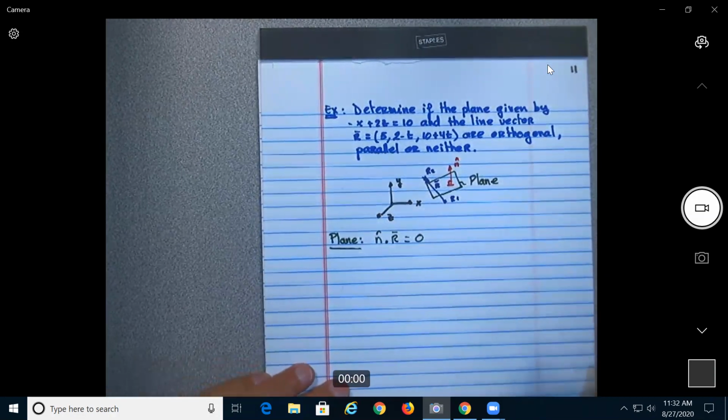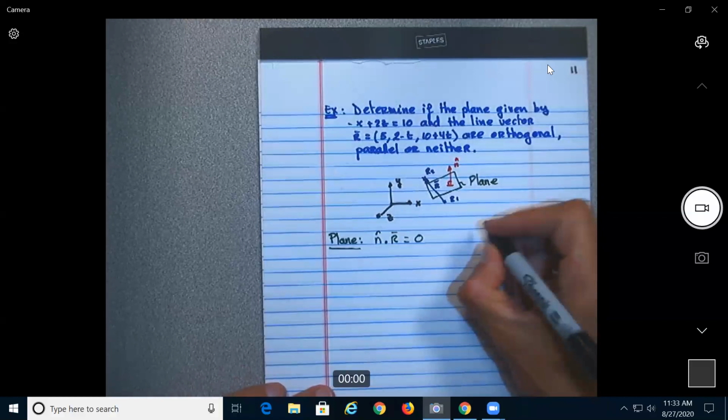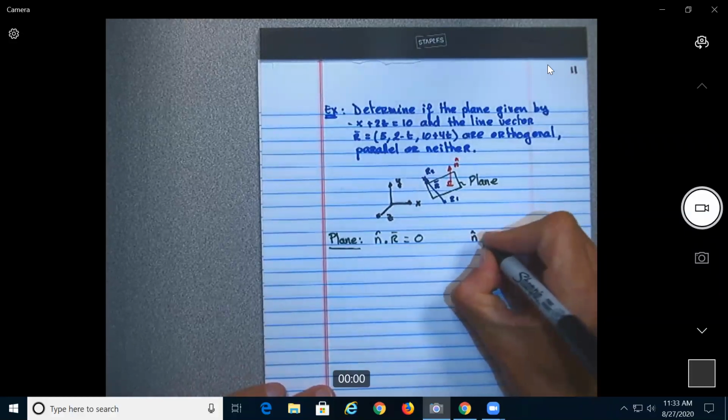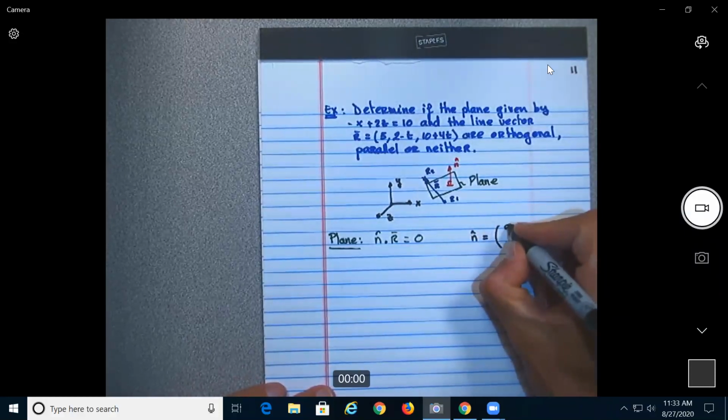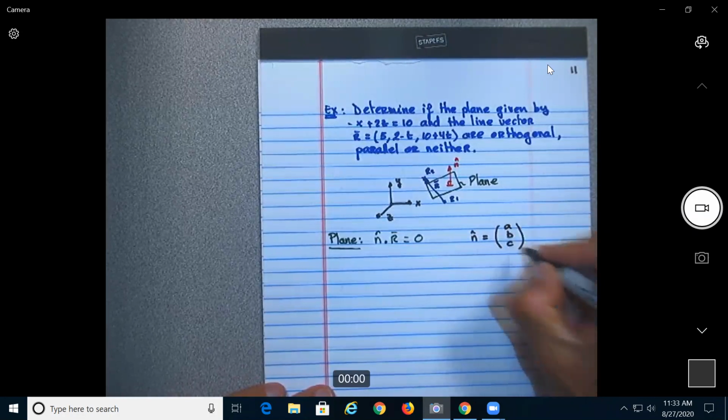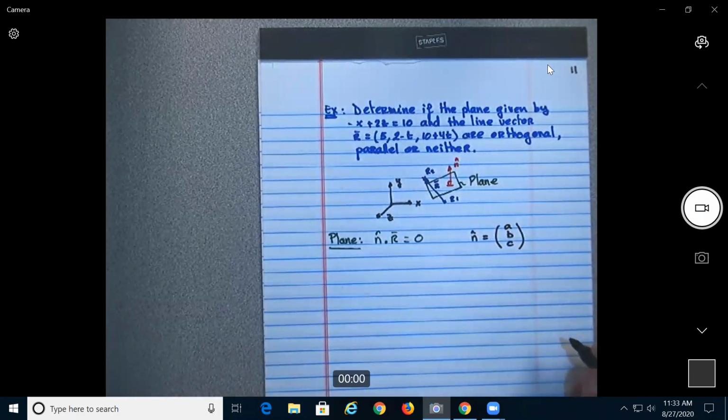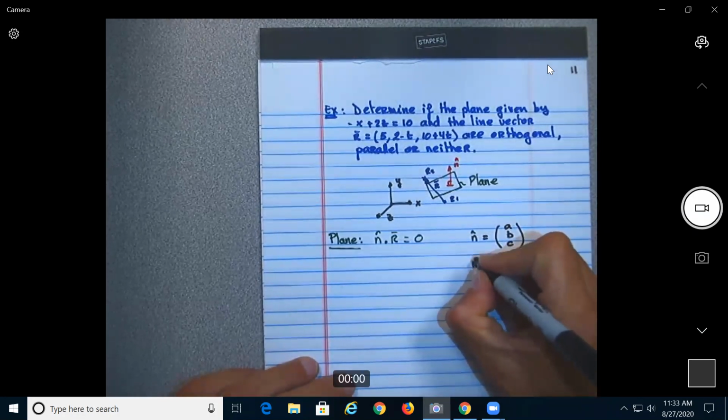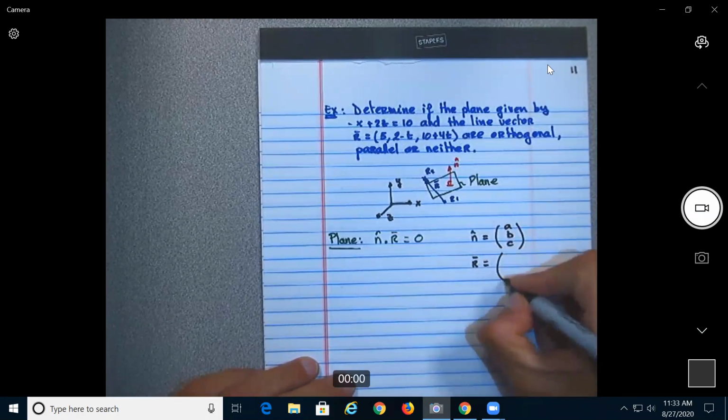So in this case, let us say that the normal vector n, we don't know what it is, will be given by some coordinates (a, b, c). And r is a general form. This is what we derived the first day.